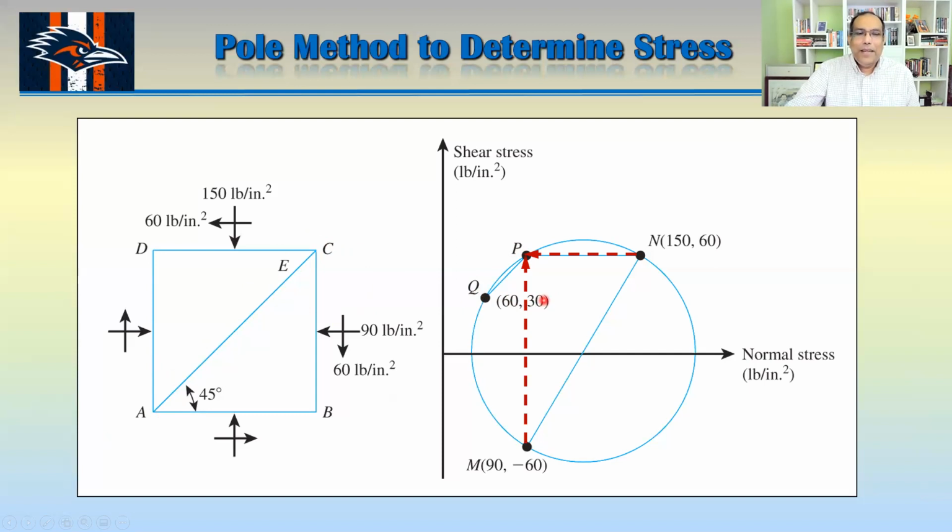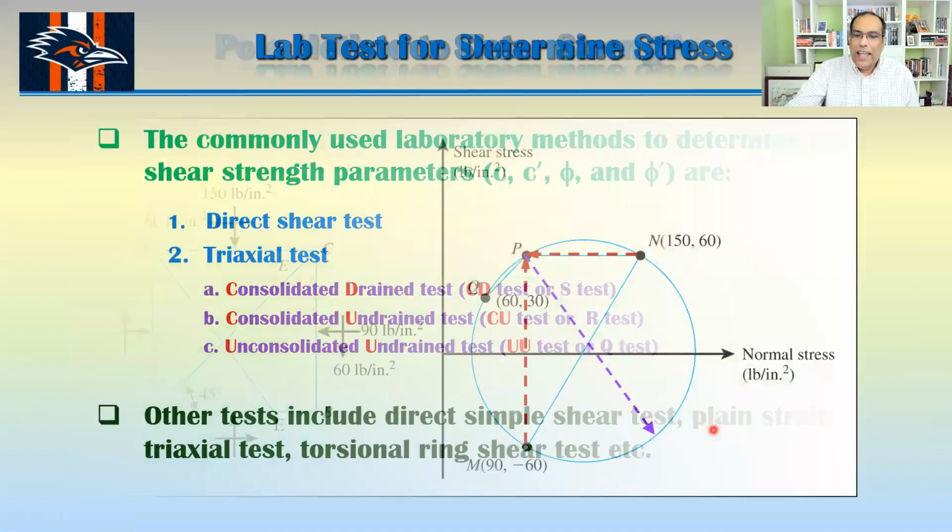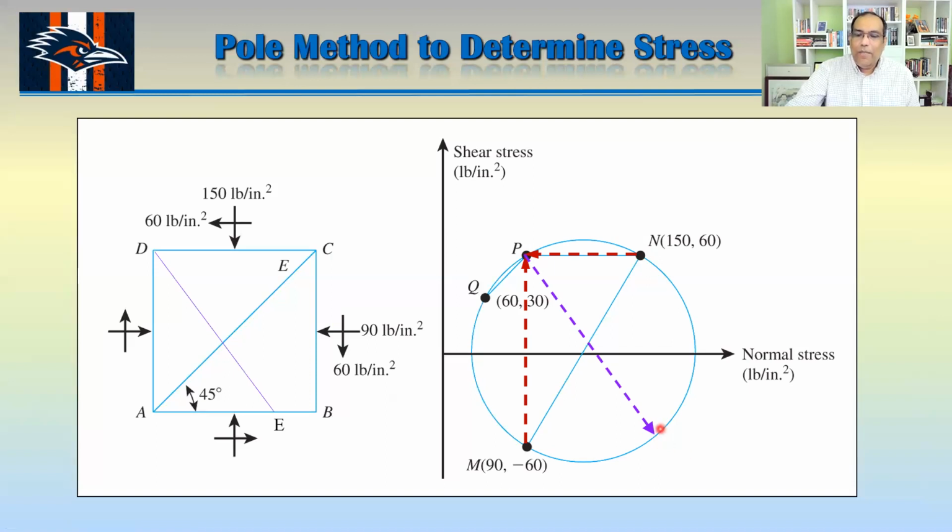Now let's say I'm talking about another plane here, DE. How do I know the shear stress and normal stress on that plane DE? I have to draw a line from my pole P which is parallel to that line DE. This one intersects at that point. So I read that from there and I can find the shear stress and normal stress at that particular point.